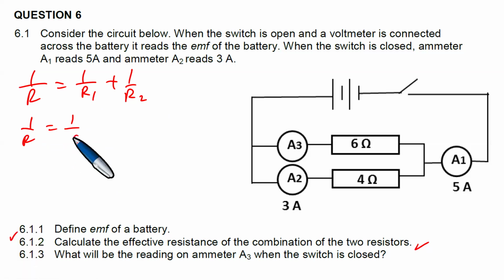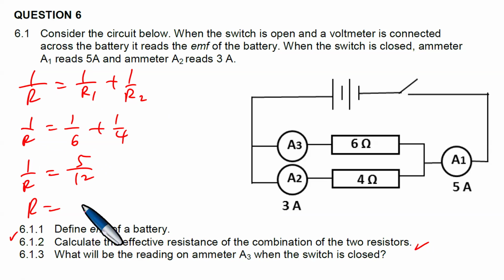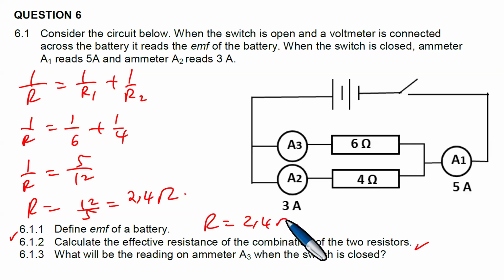So 1 over R is exactly 5 out of 12, and R is 12 out of 5, which is 2.4 ohms. Just take note of that. So the effective resistance is 2.4 ohms.